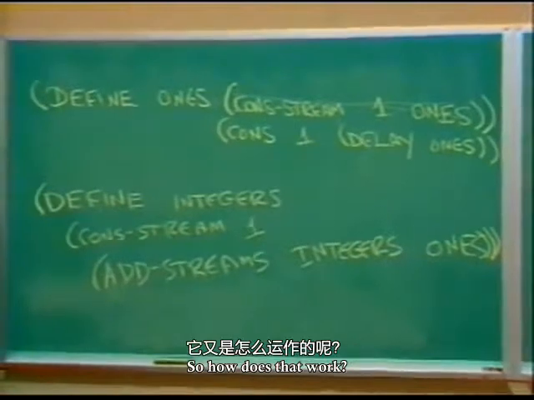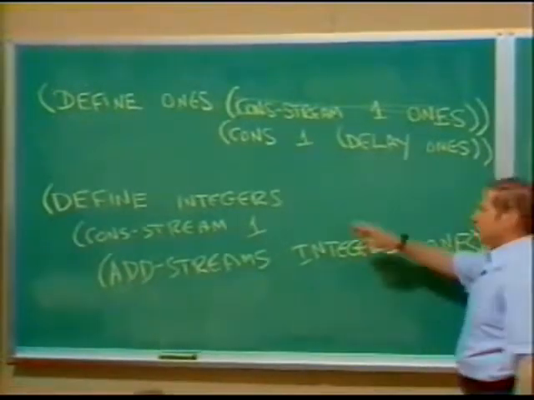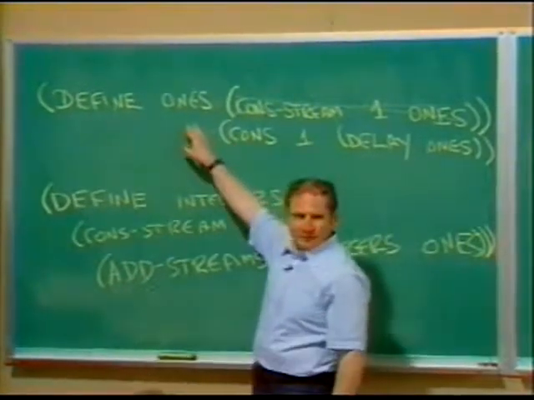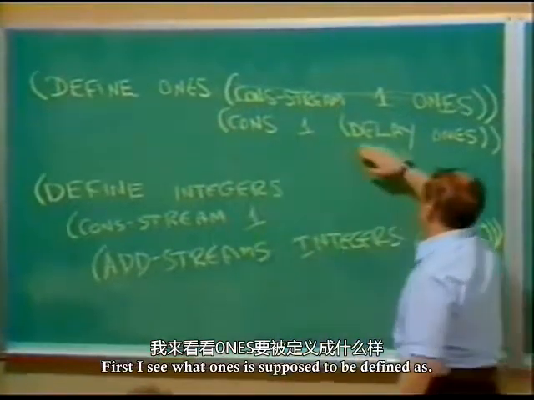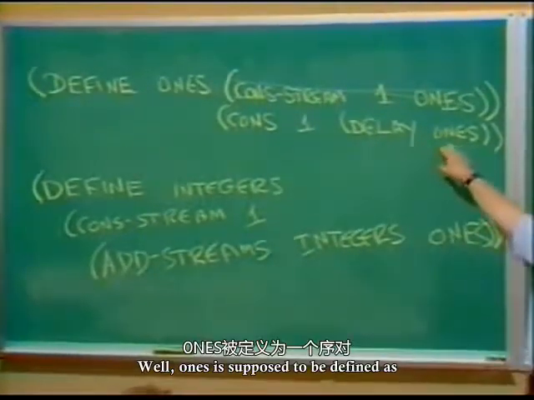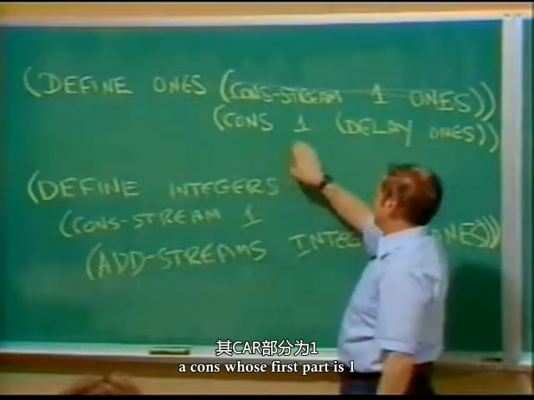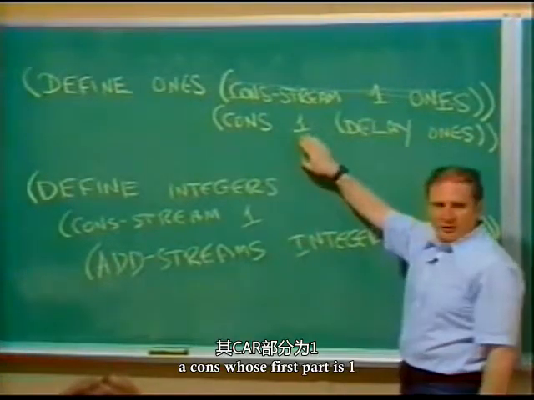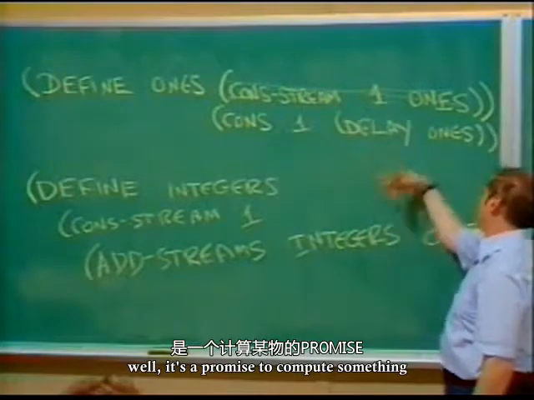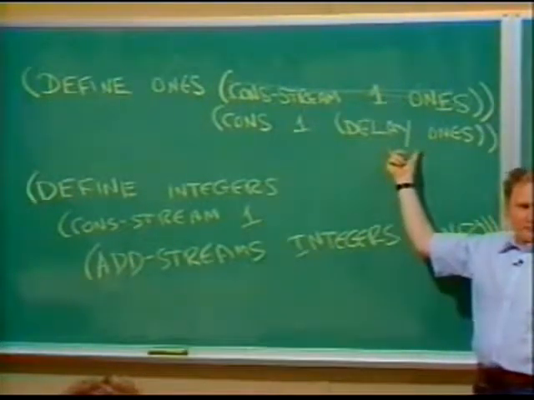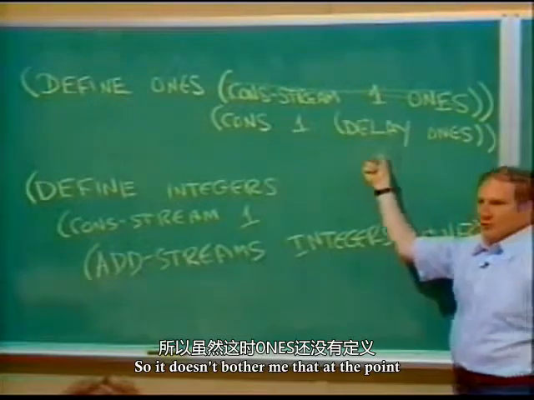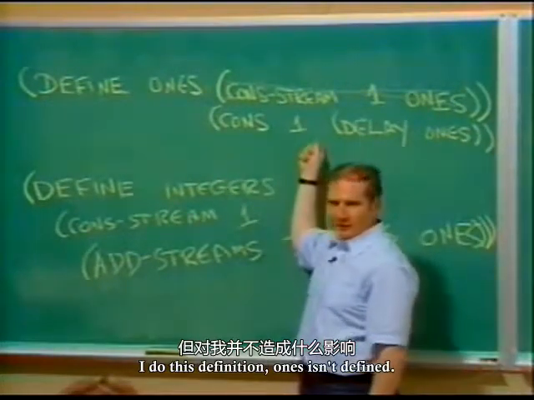So how does that work? You say, I'm going to define ones. First, I see what ones is supposed to be defined as. Well, ones is supposed to be defined as a cons whose first part is 1 and whose second part is a promise to compute something that I don't worry about yet. So it doesn't bother me that at the point I do this definition, ones isn't defined.